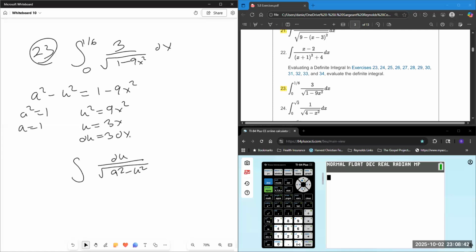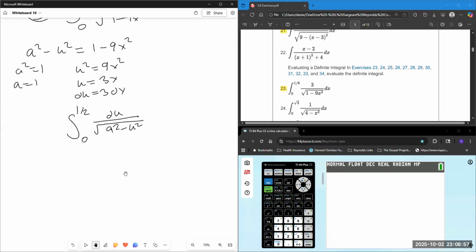I'm going to go ahead and change my limits of integration with my definition of u, that u is equal to 3x. 3 times 0 is 0. 3 times 1/6 is 1/2. So now we have arc sine of u over a, where a is 1.